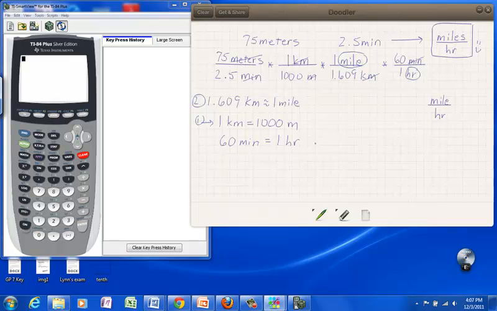So the only thing left is to just work with the numbers. So I have 75 times 1 times 1 times 60 over, remember I'll group that when I do that on the calculator, 2.5 times 1,000 times 1.609.